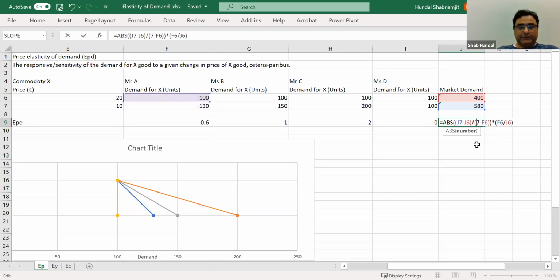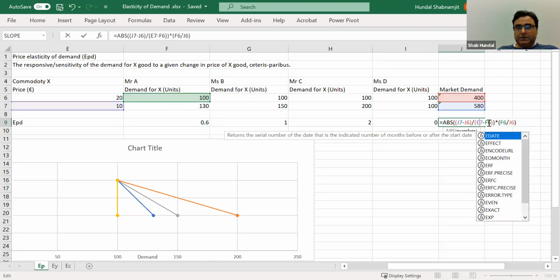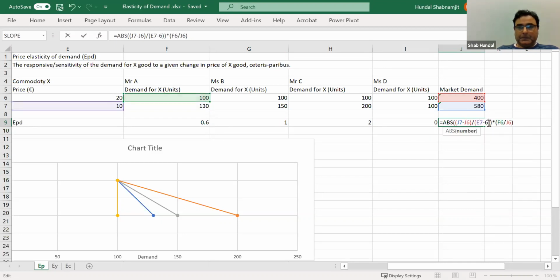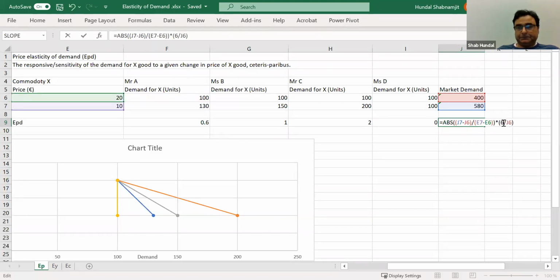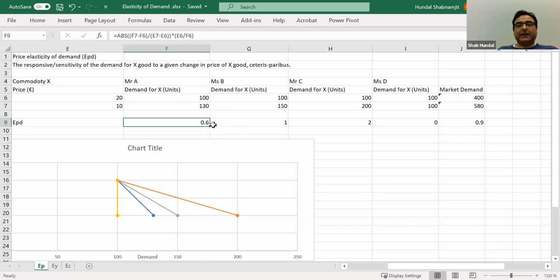So if I make it E, and this also E, and here also E. Yeah. So what I can say, it's a very interesting situation. So even though some consumers are having less reaction, some are proportionate, some are more, some are none, overall, the market demand is 0.9.